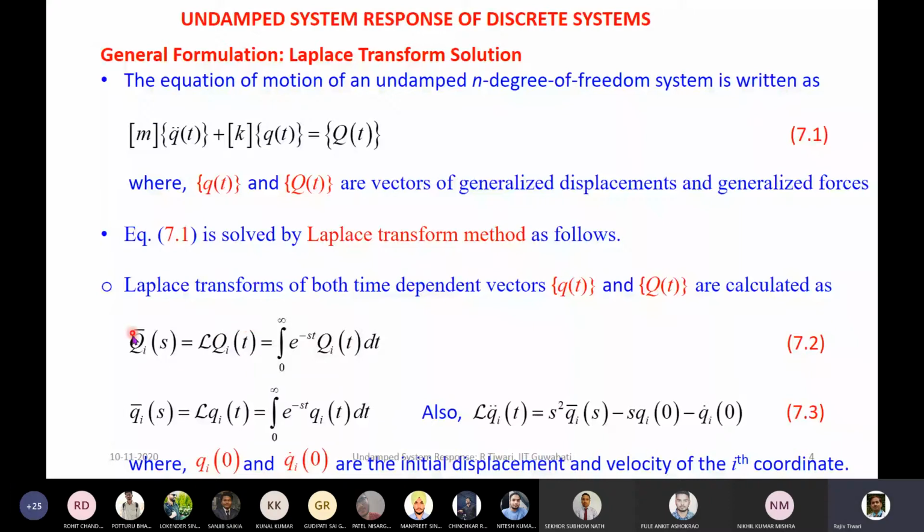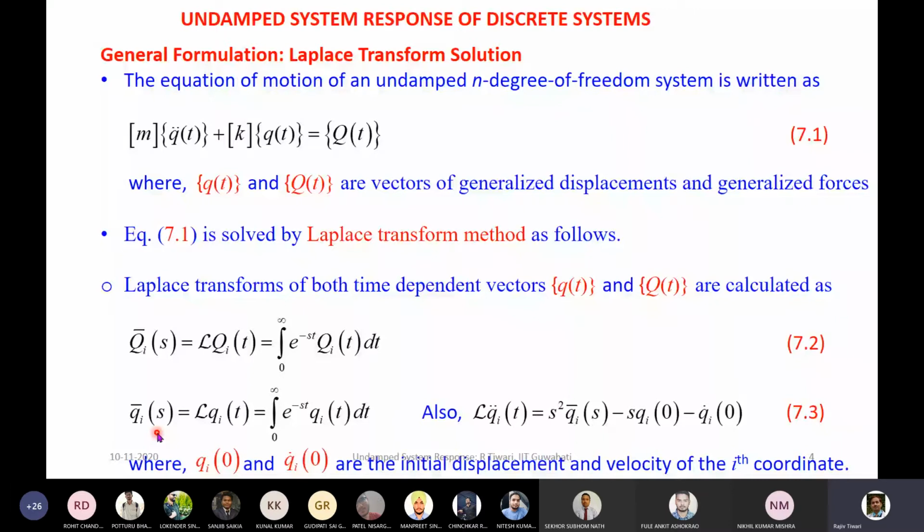S is the subsidiary variable, and this is the force in the Laplacian domain. Similarly, the response q_i, the displacement, is also transformed using the Laplace transform, so we get the corresponding displacement in the Laplacian domain.